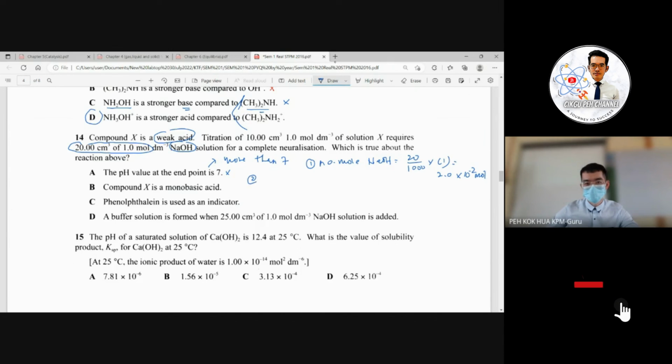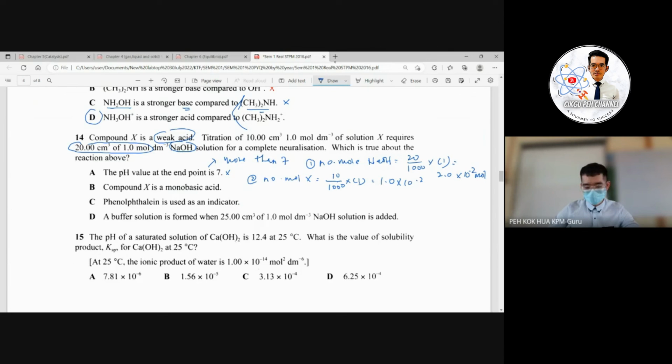Second, we find the number of moles of the weak acid, compound X. Here it will be 10 divided by 1000 times 1.0, so you get 1.0 times 10 power negative 2.